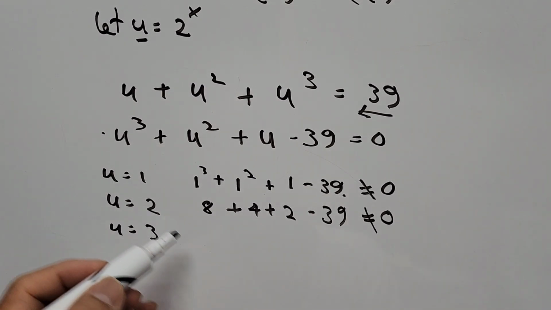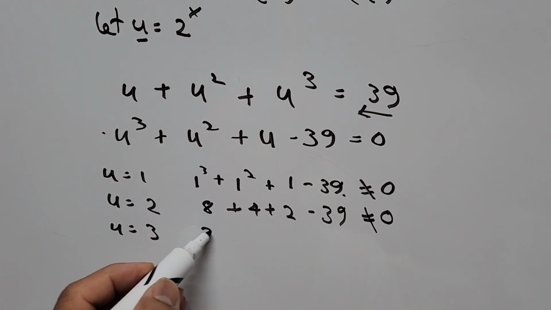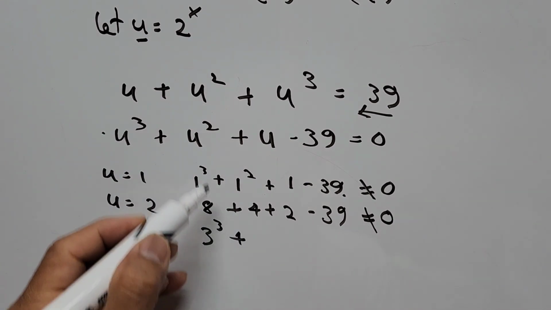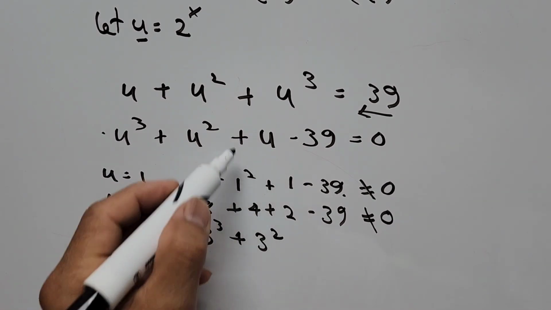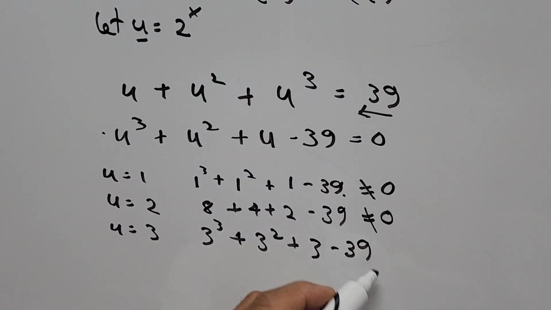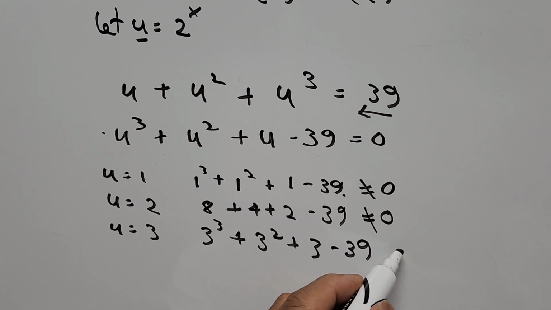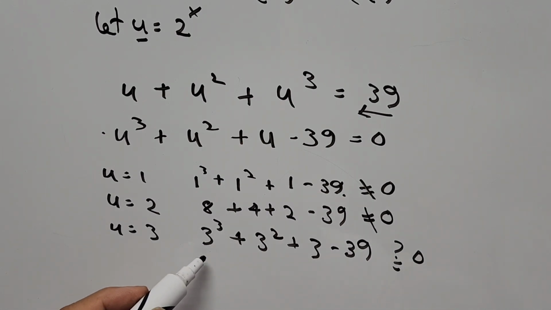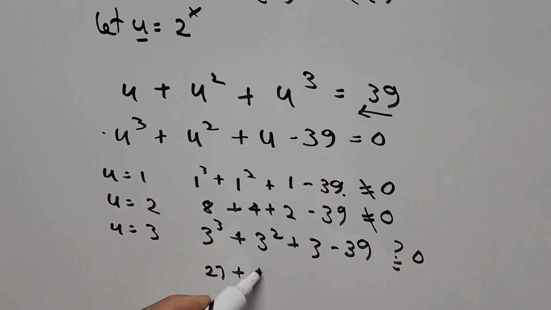Let's substitute u equals 3 into the equation. So 3 cubed plus 3 squared plus u, which is 3, and then minus 39. Is that equal to 0? We have 3 cubed is 27, plus 3 squared is 9, plus 3.